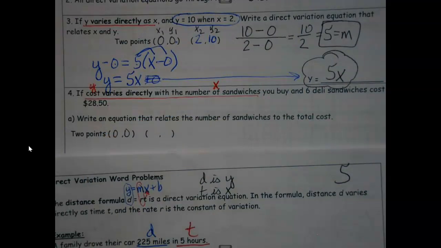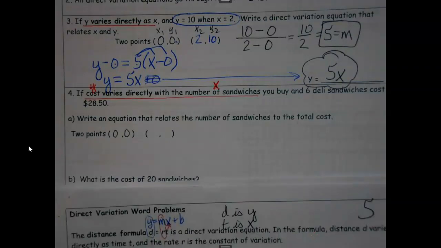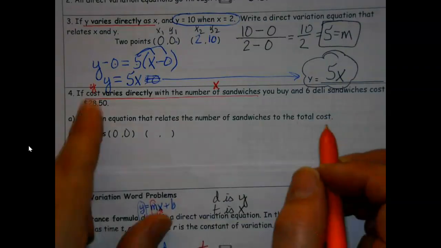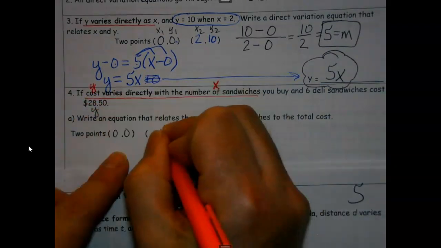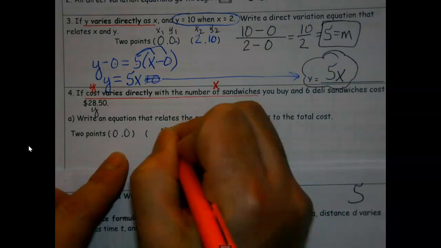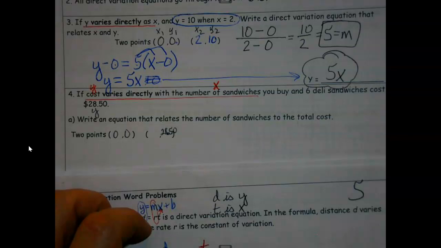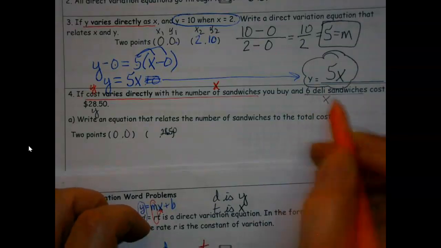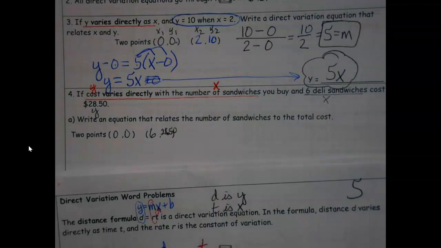(0, 0) is still a point. It hasn't changed. So now I look and I'm like, all right, so cost is y, so 28.50 is y. And the 6 deli sandwiches is x. And now I'm basically just copying what I did up above.